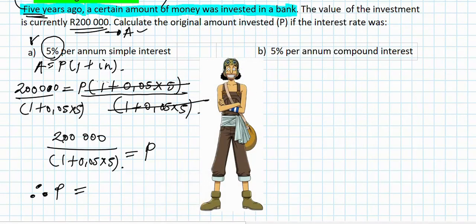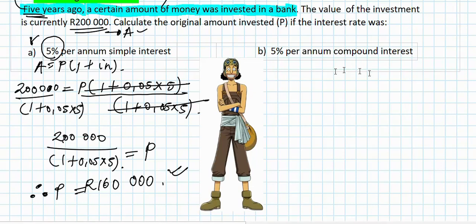Let's write that. $160,000. So if we invested this amount of money 5 years ago with the simple interest of 5%, we would have invested 160,000 rands for us to get an accumulated amount of 200,000 rands over a period of 5 years.